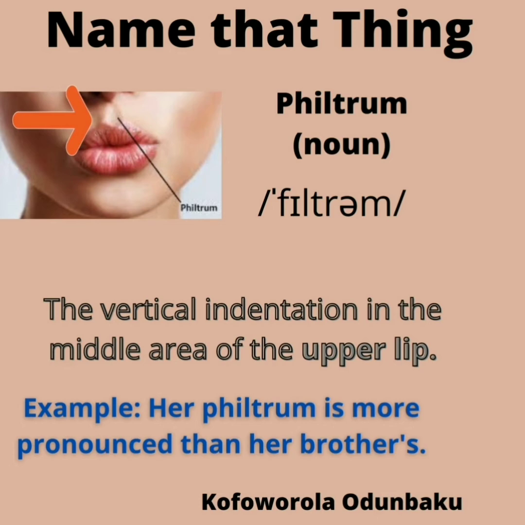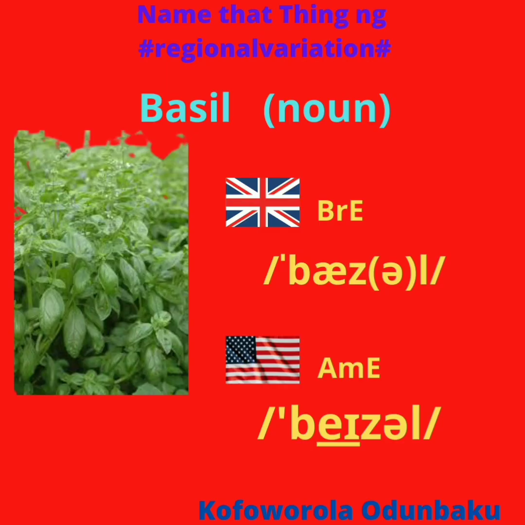Okay, welcome to the regional variation segment of Name That Thing NG. On today's episode, we're going to be learning how to pronounce basil, the British way and the American way. British English says basil.